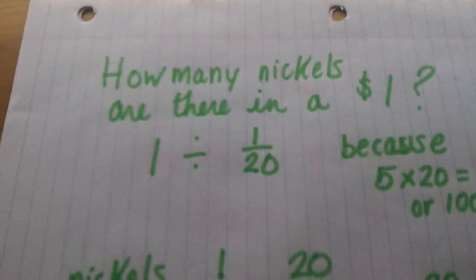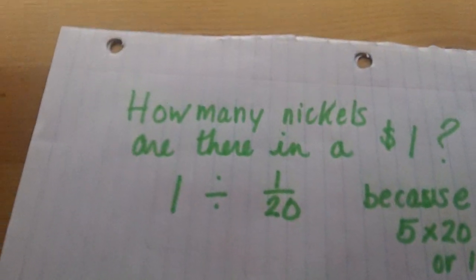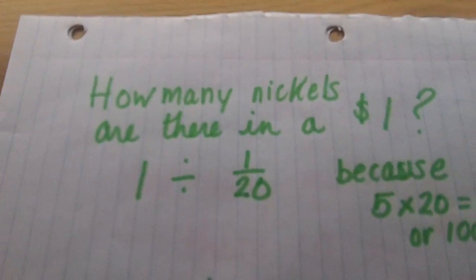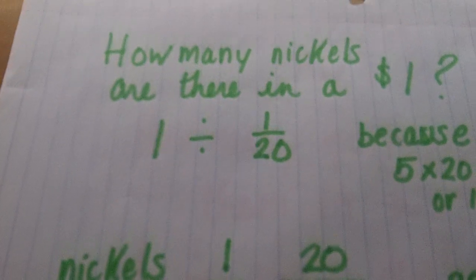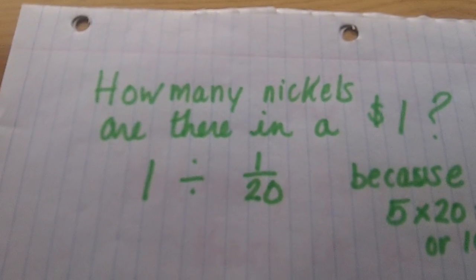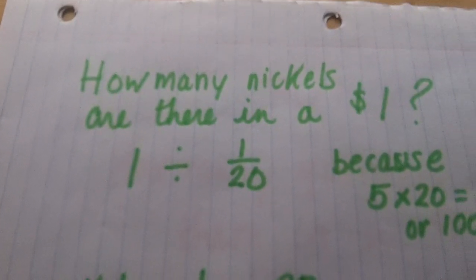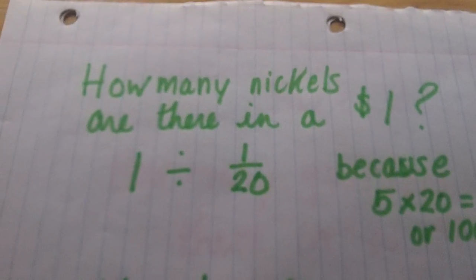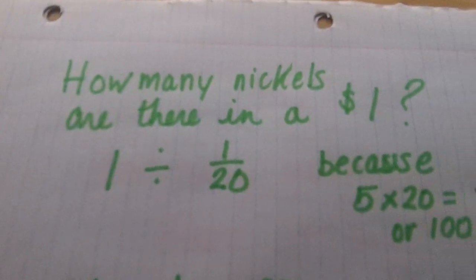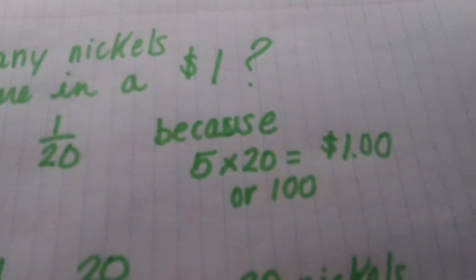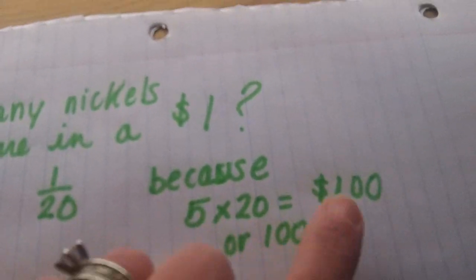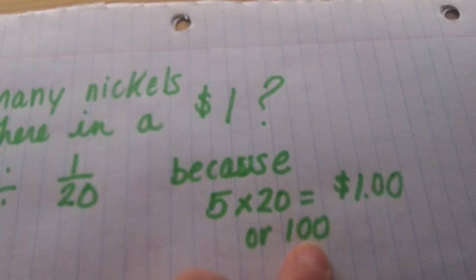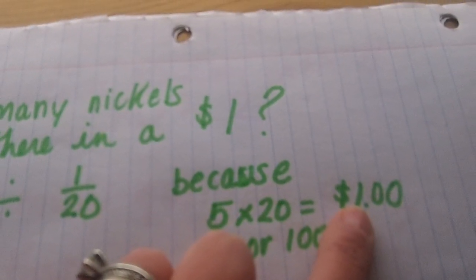Let's work with nickels. We know that nickels are worth 5 cents. How many nickels are there in a dollar? So our problem would look like this. We have a dollar, and we know that we have a 20th because if we take 5 times 20, that would get us to 100, or to a dollar.